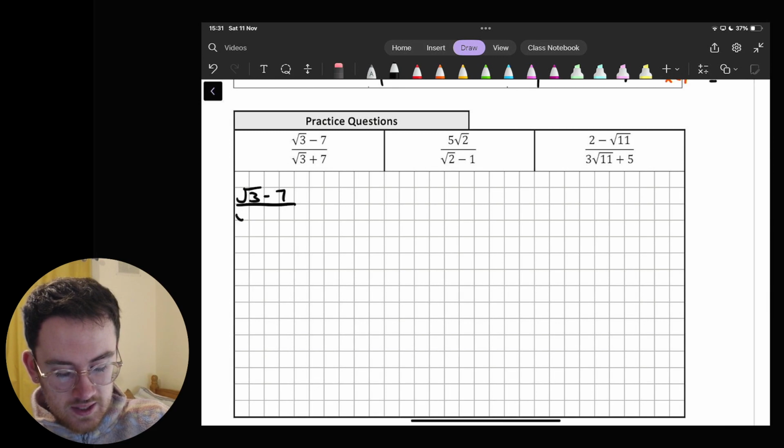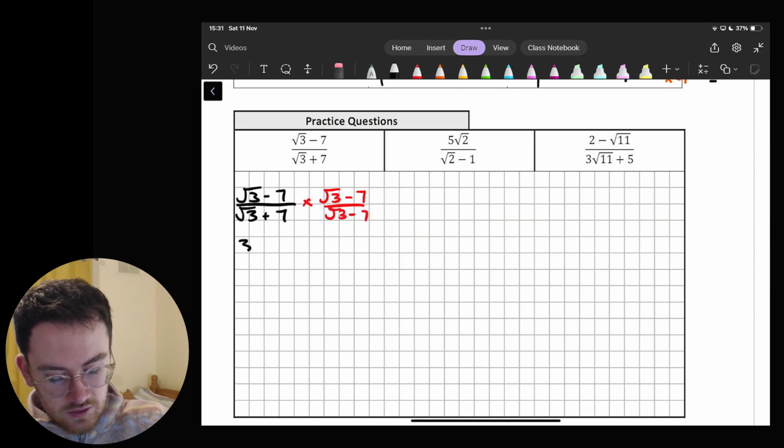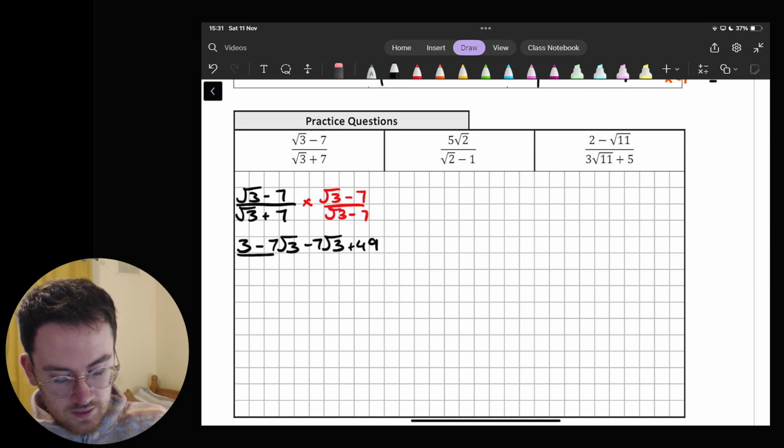We just multiply by the conjugate of the bottom part, which is going to be root 3 minus 7. It's going to be 3 minus 7 root 3 minus 7 root 3 plus 49 all over 3 minus 7 root 3 plus 7 root 3 minus 49.